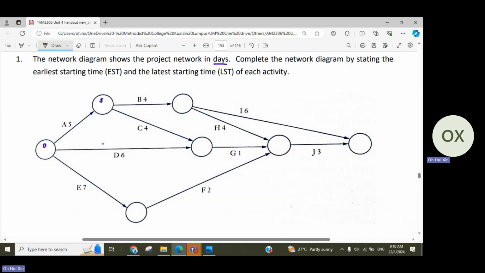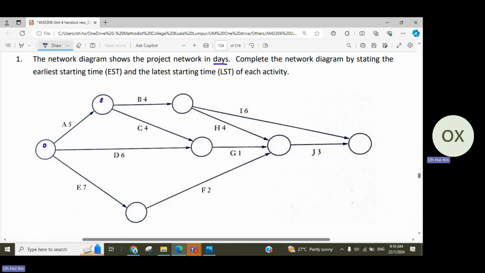Okay, so continue. We need 4 days to, okay, sorry, I just want to clarify one thing. Sometimes in the exams, they will just ask you to find out the critical path. Then in that sense, you only need to write down one number. But if the question asks about EST and LST, that's why sometimes you write up and down, so it's easier if there's a following question asking for EST, LST.